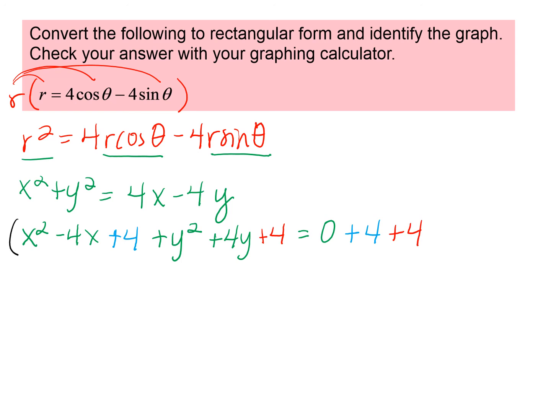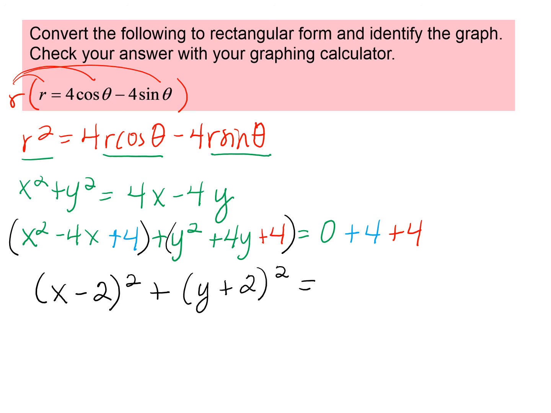Again, we're grouping the x terms together and the y terms together. And so now if I factor, the first piece is going to give me x minus 2 squared. The second piece is going to give me y plus 2 squared. On the right-hand side, I'm going to get 8.